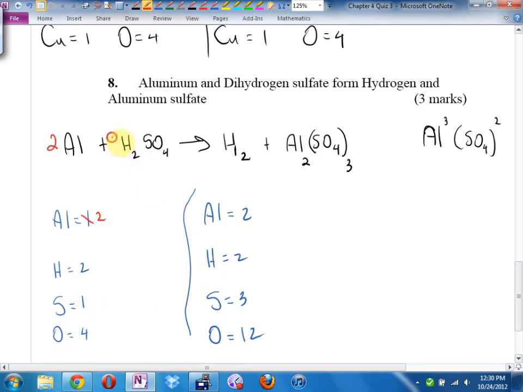I might try putting a 3 right there. That's going to give me 3 of those, that's going to give me 6 of those, and that's going to give me 3 times 4, 12 of those. Am I balanced? Close, though. What's not balanced? Hydrogen. How can I fix hydrogen?